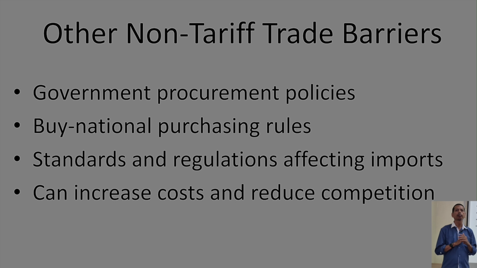But many governments prefer domestic companies. This is often called a buy national policy. While it supports local industries, it also reduces competition, and it can increase costs for government projects, which ultimately means taxpayers pay more.